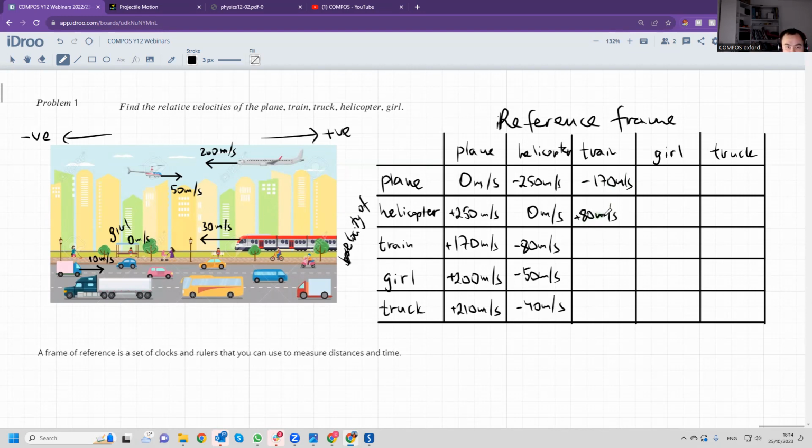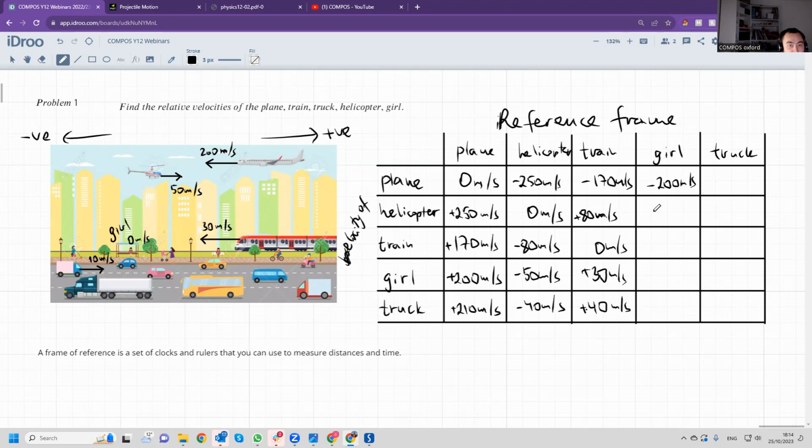You can notice the symmetry, by the way. The train is not moving, so 0 meters per second. The girl is moving at plus 30 meters per second, and the truck is moving at plus 40 meters per second. If you are the girl, the plane is moving at minus 200 meters per second.